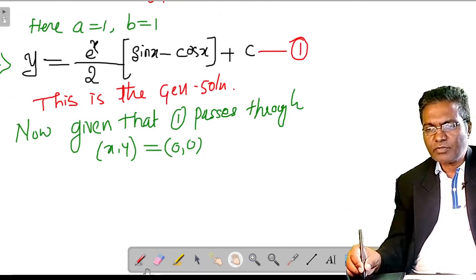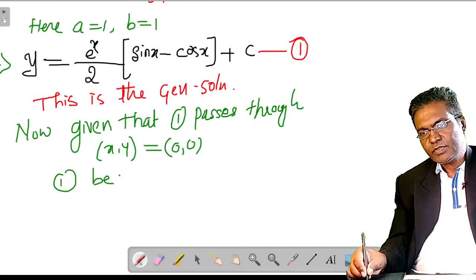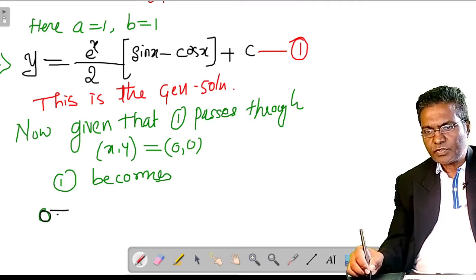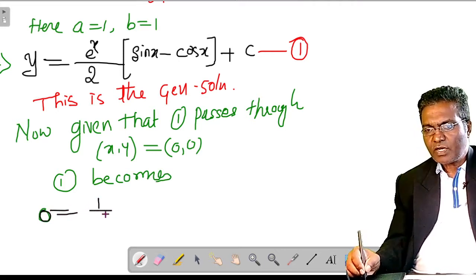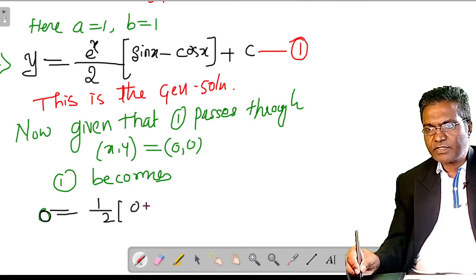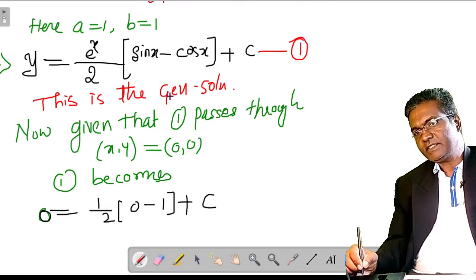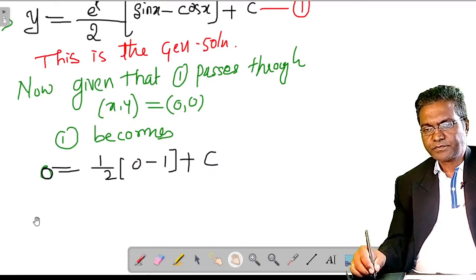So now put x equal to 0 and y equal to 0. Then e power 0 is 1, so 1 by 2, sin 0 is 0, cos 0 is 1, plus c. I am writing e power 0 is 1 directly.